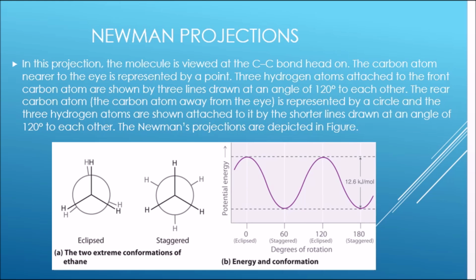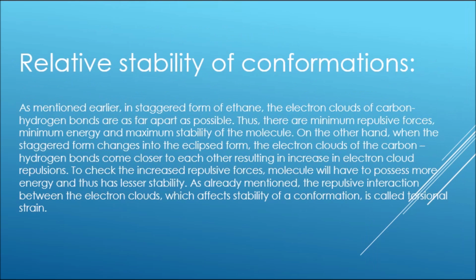The rear carbon atom, which means the carbon atom away from the eye, is represented by a circle, and the 3 hydrogen atoms are shown attached to it by shorter lines drawn at an angle of 120 degrees to each other. The Newman's projections are depicted in figure on the side.